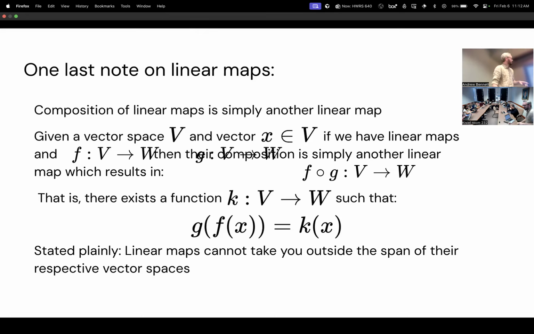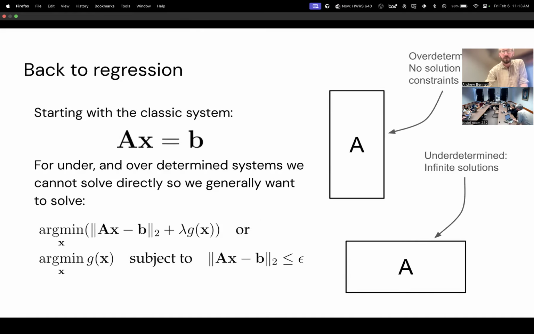So we'll return to that when we get there. I just wanted to state that, because while linear algebra is one of the foundational things, it is very limited in its modeling capabilities. So we need to know what those limitations are. And linear maps only can produce linear maps.